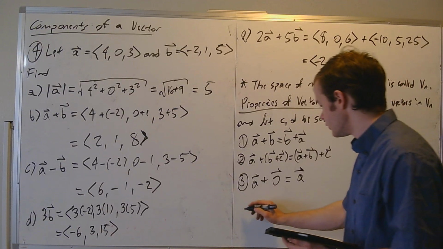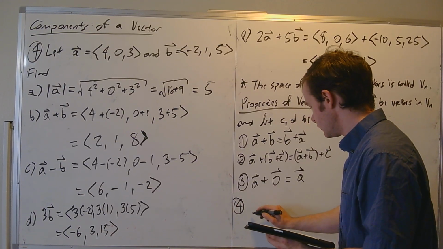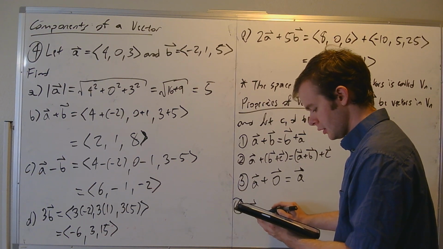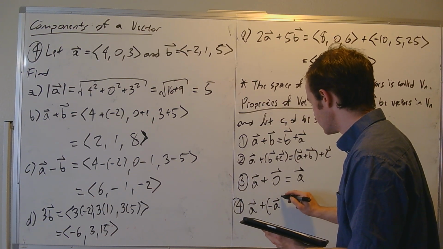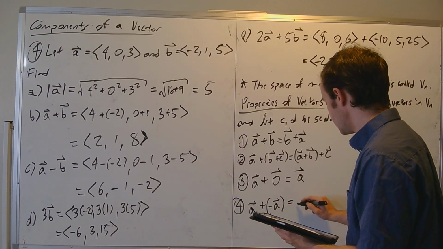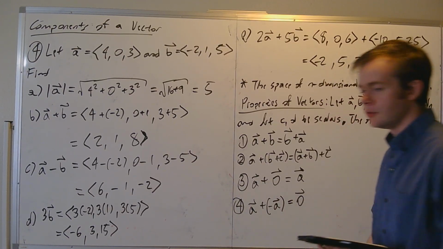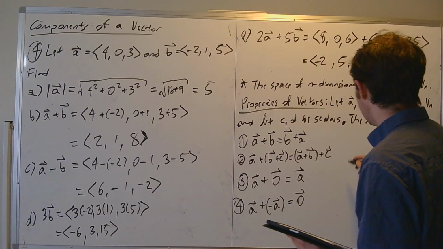Okay, and property 4 is going to be the vector A plus vector negative A is going to be the same thing as 0. Right, so you would expect if you add something to the negative version of itself, it should cancel out and give you 0.